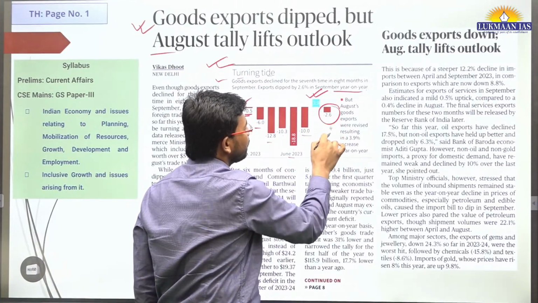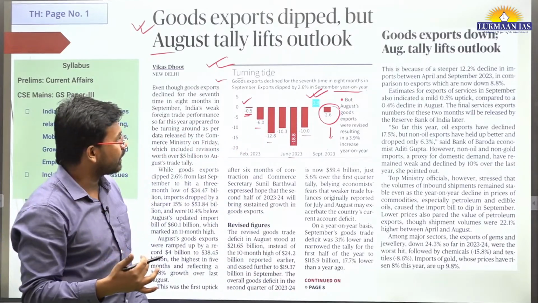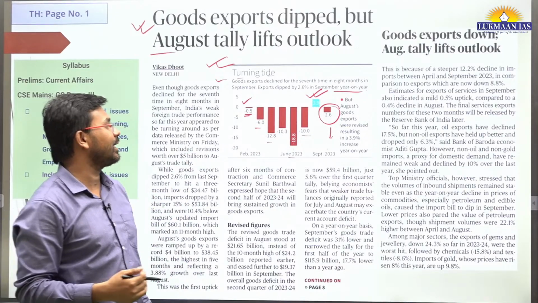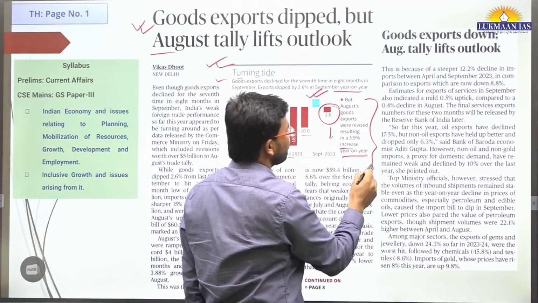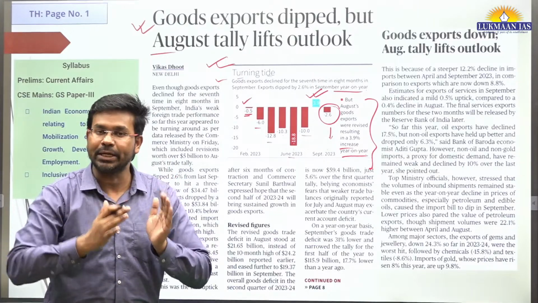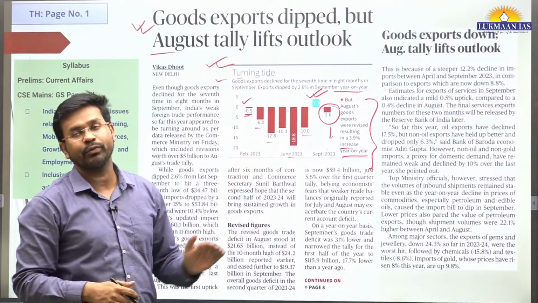However, in the month of September, again, the export in goods has gone down. It says, but August goods exports were revised, resulting in a 3.9% increase year on year. What this trend showcases is that the export in goods from India has gone down in the year 2023.